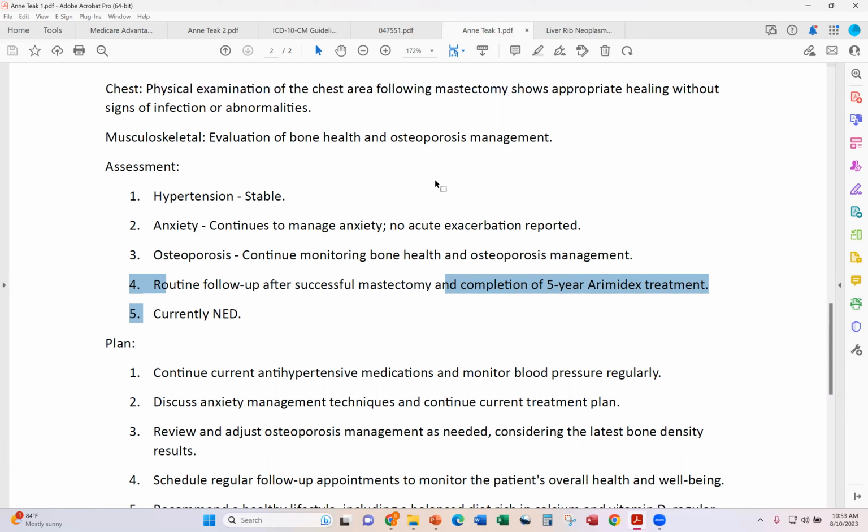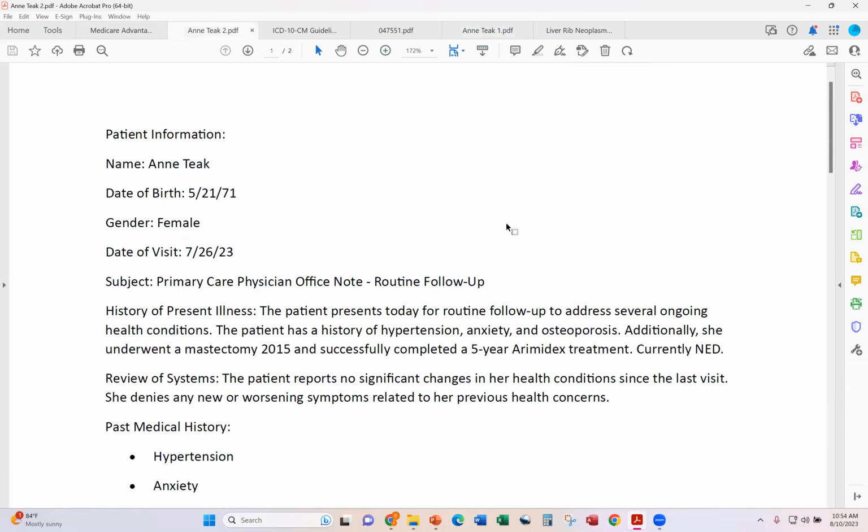So it'll say history of, but it'll certainly indicate that there is ongoing treatment or ongoing disease, and so we will be looking at those.